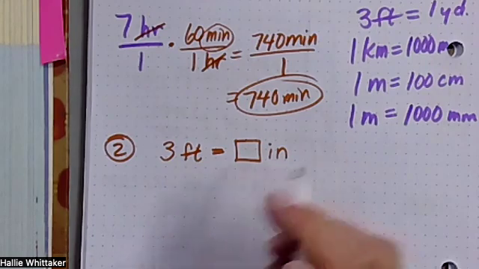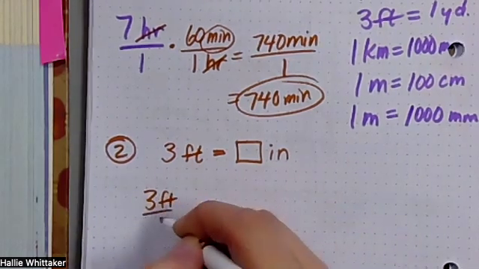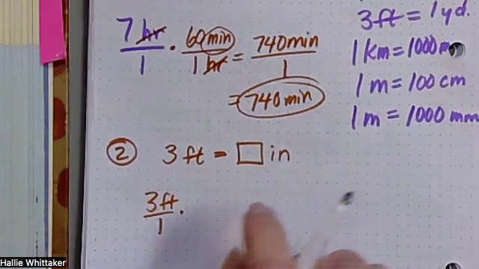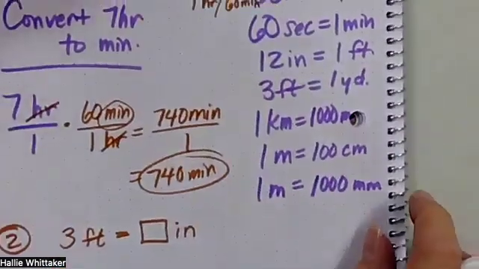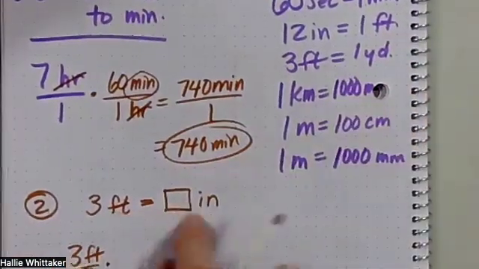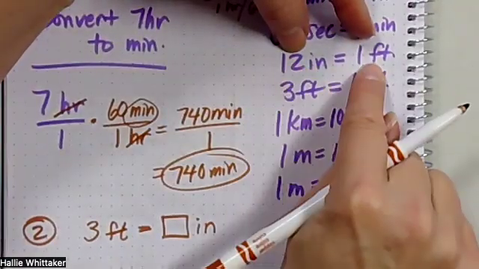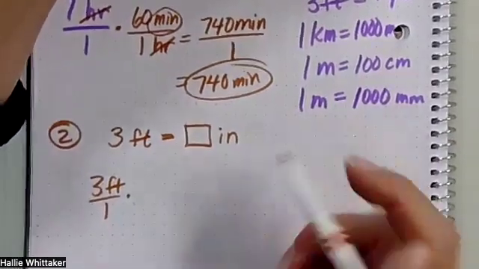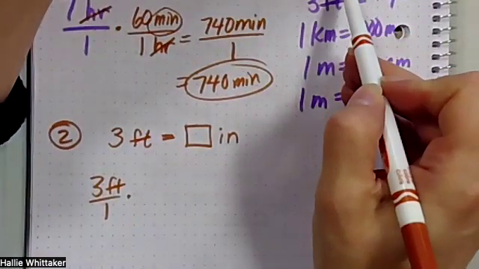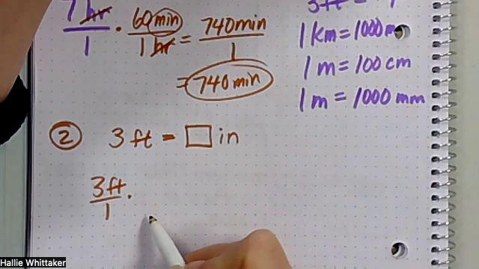This is another pretty simple one. So put 3 feet over 1 if it helps keep you balanced. And then find the conversion units that you need. Feet and inches. See how it's going to be that one? There's 12 inches in a foot. So do I put, y'all, the 12 inches in the numerator or the denominator?